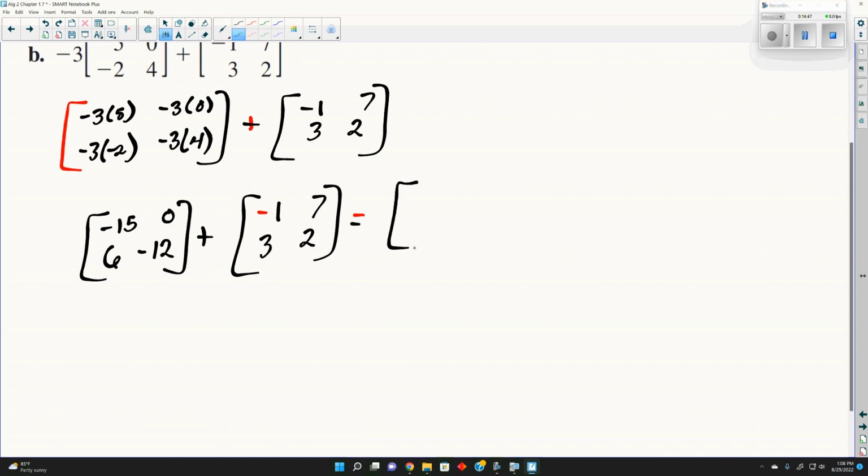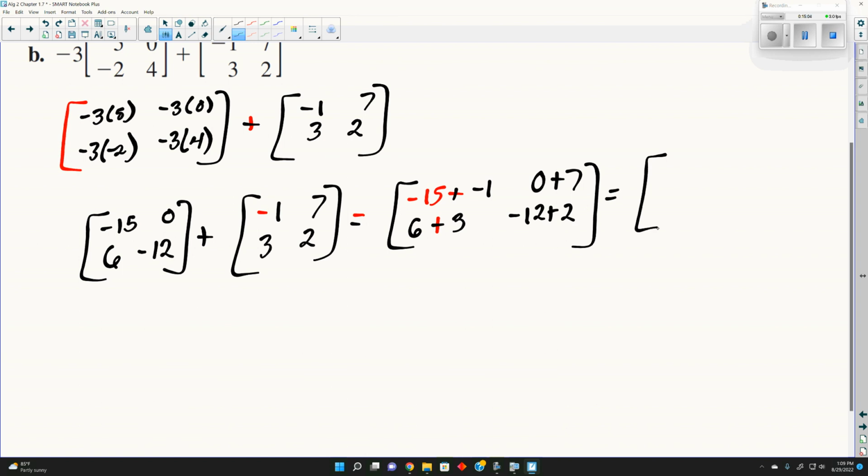Now we would add them together. So we'd have negative 15 plus negative 1, 0 plus 7, 6 plus 3, and negative 12 plus 2. Well, negative 15 plus negative 1 is negative 16. 0 plus 7 is. 6 plus 3 is.